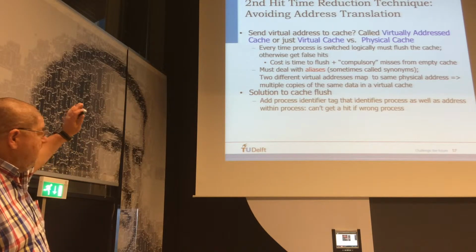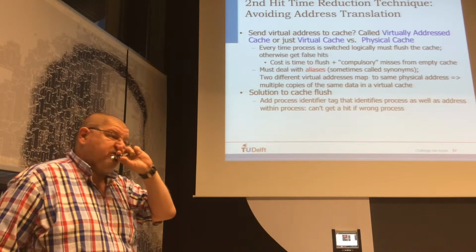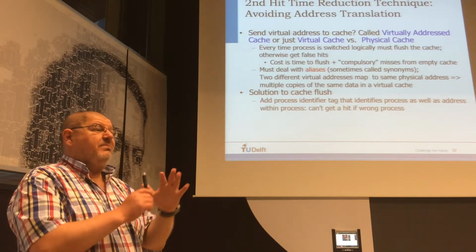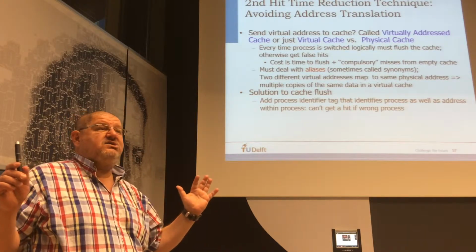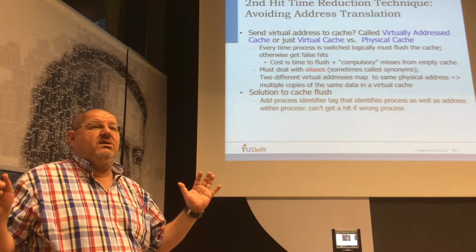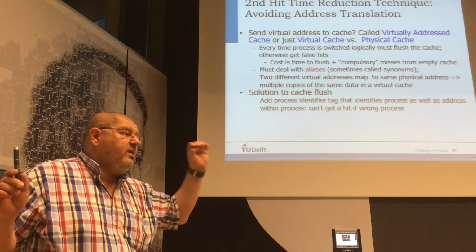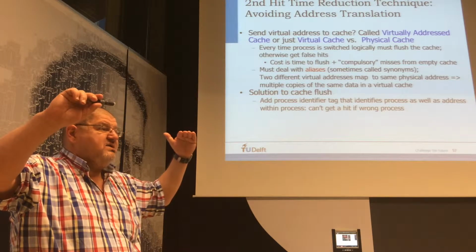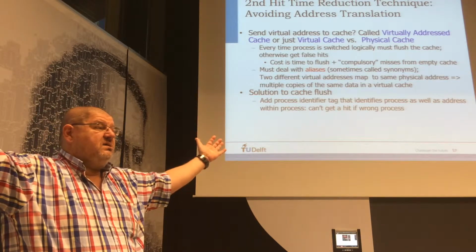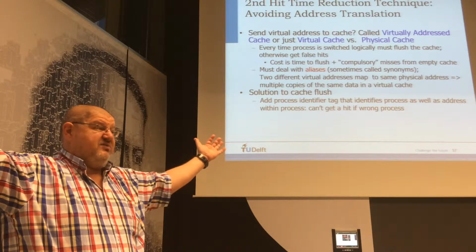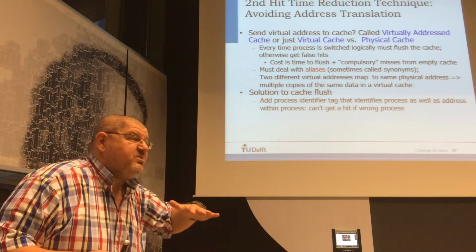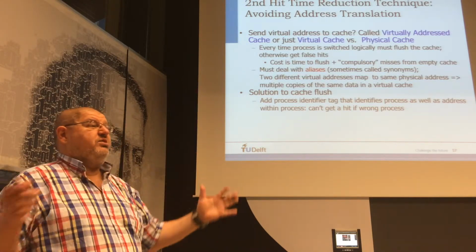Now, there is a small problem with this approach. The problem is that each application has its own virtual space, and the same location in two virtual spaces actually points to different places in the physical space. If I have only one process running, only one application, I have no problem.